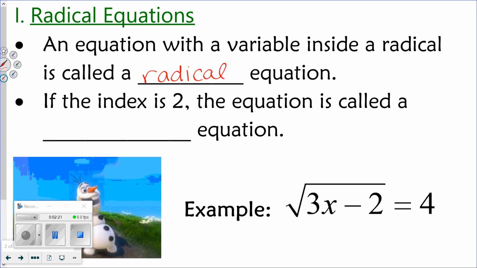It's just a square root equation. For example, we have the square root of 3x minus 2 equals 4. So we're going to be working on solving things that have a variable underneath our radicals. Okay?